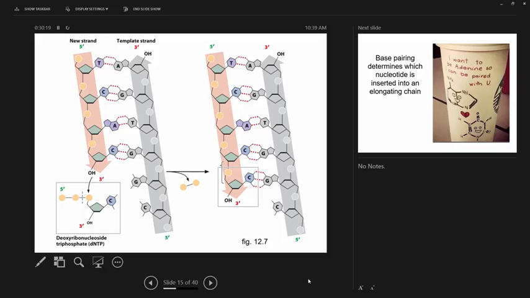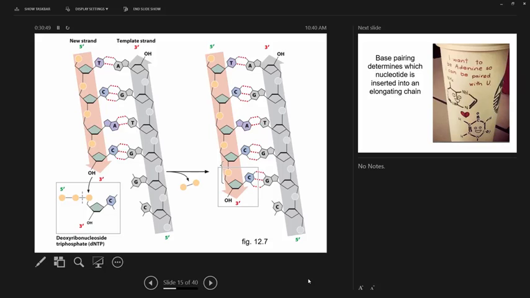As I'll say again next time, which nucleotide is chosen is not determined by the DNA polymerase. The DNA polymerase cannot read the base sequence. Instead, it's the pairing of the bases that does that. When this C comes in and base pairs with the G like that, only then does this 5 prime phosphate get close enough to the 3 prime hydroxyl for the reaction to occur.